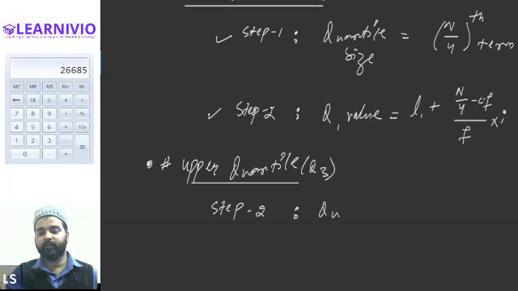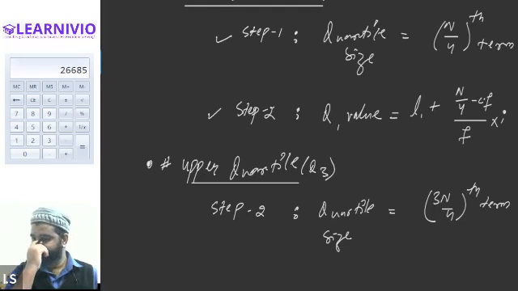We will first calculate quartile size, and for that you will apply n by 4th term, right? But because you are calculating the quartile size for the third quartile, instead of writing n by 4, you will write 3n by 4th term, right?